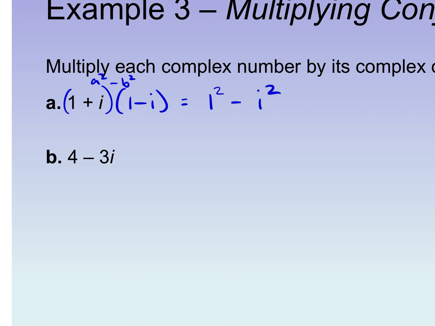It's going to be an extra step than the complex conjugate shortcut, but I like to see it this way. So 1 squared would be 1. What's i squared? So minus negative 1, which turns into plus 1. So 1 plus 1 would be 2.